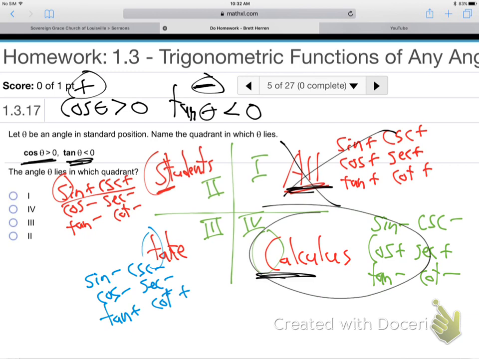Does that make sense? We know what quadrant we're in by the all students take calculus. If tangent was positive, I would know we were in the first quadrant, because they're all positive in the first quadrant, right? All right, you got all that copied down?